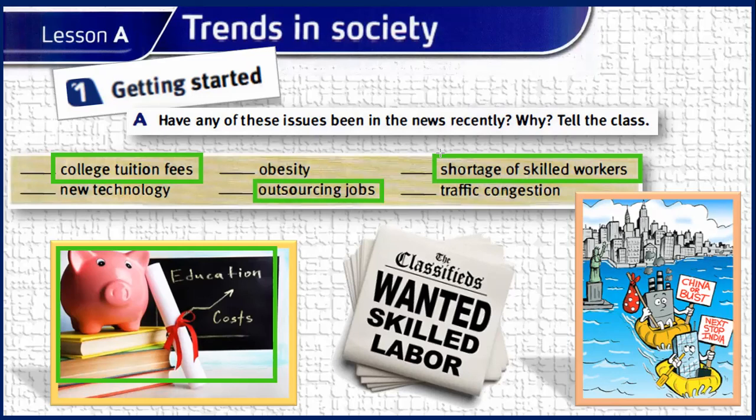Of skilled workers. Skilled workers means workers with certain abilities or specific abilities. Shortage means that there are too few. Okay? Not too many workers with specific or special abilities for a specific job. Okay, everybody? Let's say people want to work in the United States, but they don't speak English.